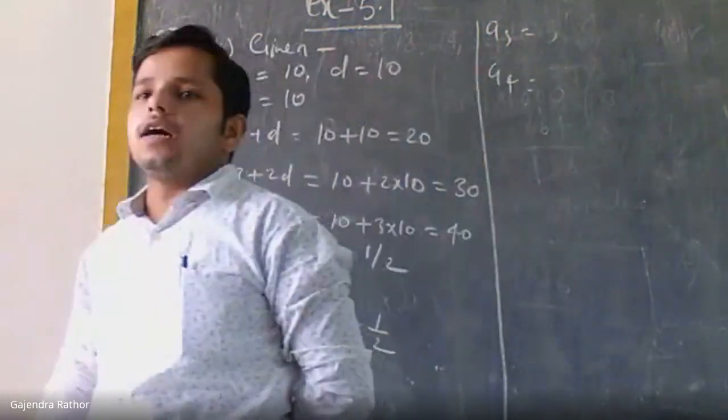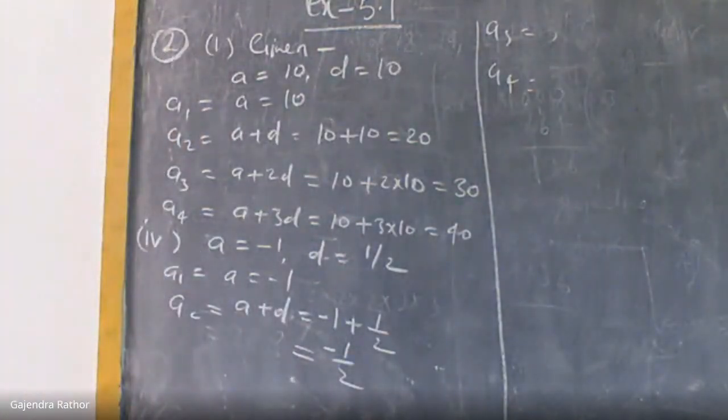All of you find a3 and a4 and reply. Find a3 and a4. a3 is 0 and a4 is 1 by 2. Correct answer, all of you.